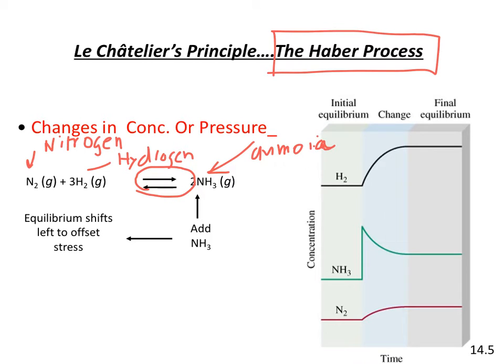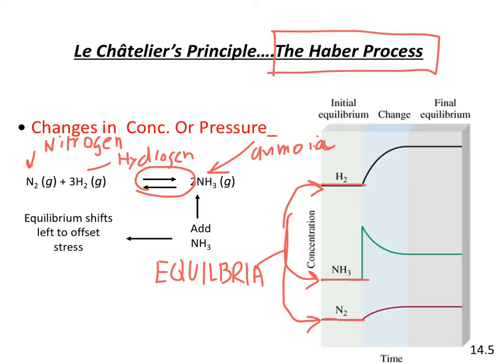Okay, so if the system's in equilibrium, and if we look at our chart off to the right here, the fact that these concentrations are stable and unchanging means that at this point, and this point, and this point, the system is at equilibrium. Now notice they are not equal by any means, but the concentrations are unchanging, and therefore the system is at equilibrium.